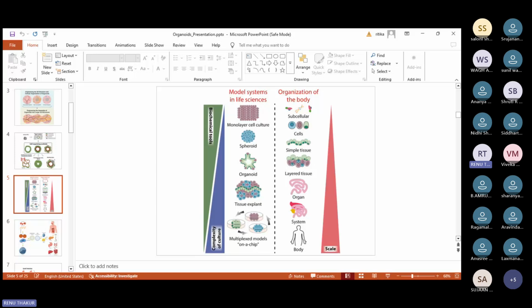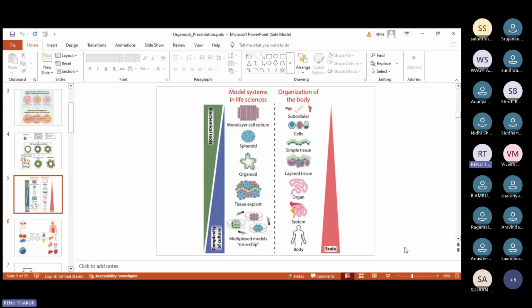Okay, so now we'll discuss the complexity and organization. Organoids represent the complexity, organization, and structure of tissues by mimicking the intricate architecture and functional interactions found in living tissues. This is achieved through their three-dimensional structure, which allows for a more accurate representation of in vivo cell responses and interactions compared to traditional two-dimensional cell structures.